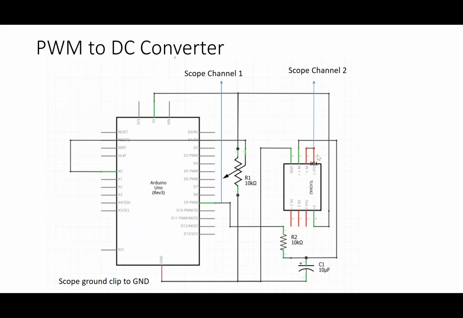So here's the circuit we used to achieve that. Once again, our potentiometer between plus and minus 5 volts, with the wiper connected to pin A0 on the Arduino. Pin 9, the pulse width modulation, is connected to channel 1 of our oscilloscope, so we can see the pulse width modulation. It goes from there through this 10K resistor and across this capacitor to produce our DC level here.